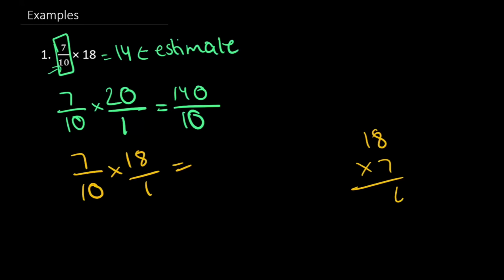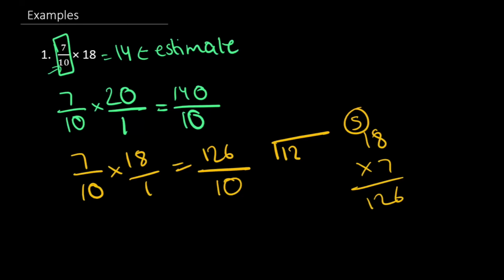7 times 8 is 56, 7 times 1 is 7, plus 5 is 12. So we have 126, and then 10 times 1 is 10. So 126 over 10 is an improper fraction, so let's turn it into a mixed number. 126 divided by 10.